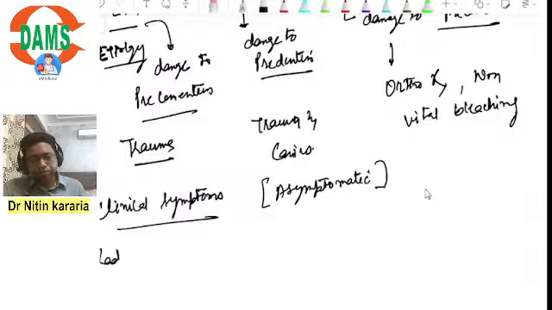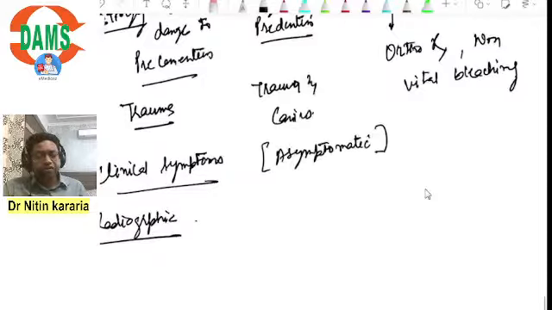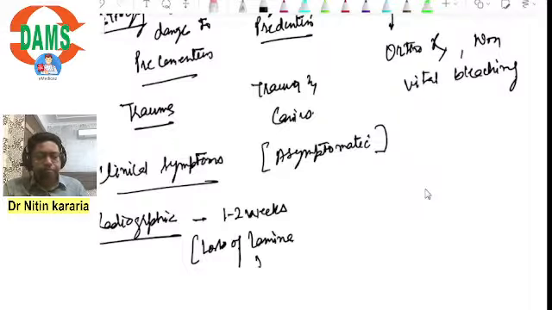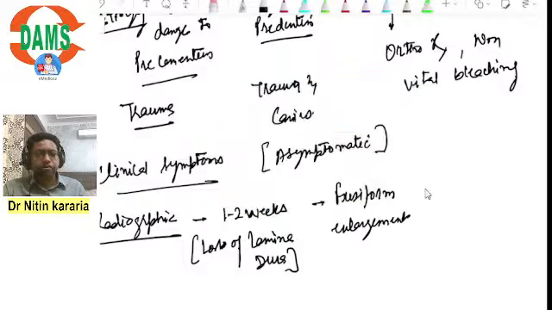Radiographically, signs are evident in cases of external inflammatory resorption in 1 to 2 weeks as loss of lamina dura. Internal root resorption is radiographically seen as fusiform enlargement of the root canal.